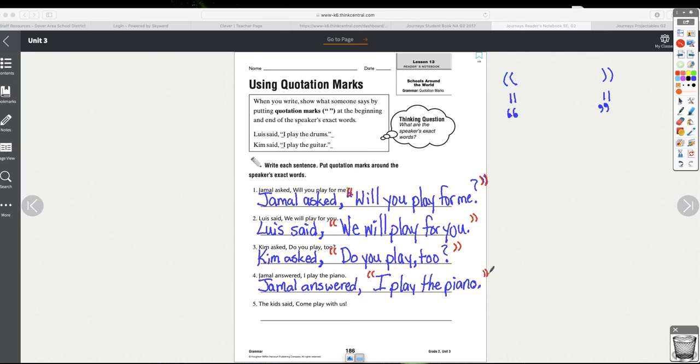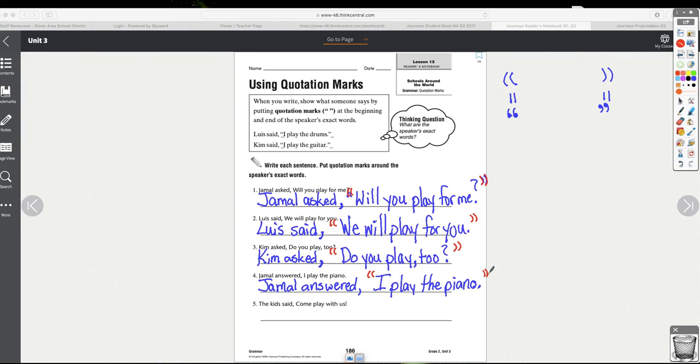Okay, but it should be a capital I, not a lowercase I. When I is by itself, it's always a capital letter. Good. Nice. Good. Good, make sure that's a lowercase p right there, okay? It drops below the ground line.